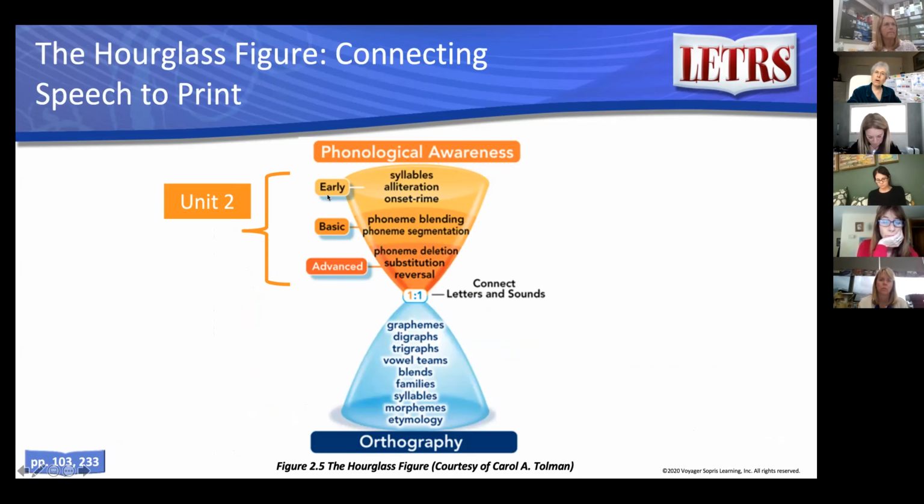Because we know that generally speaking, by this point in the year kindergartners should be definitively at this basic level of phonological instruction. The idea of taking a word, identifying each of its individual phonemes, blending those phonemes together, which will support reading, and segmenting those phonemes, which will support spelling.